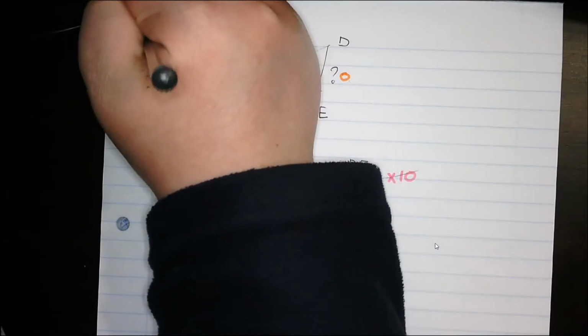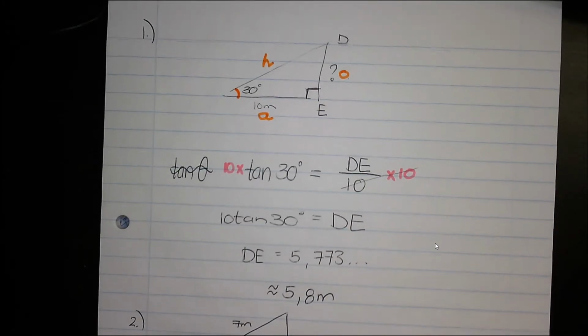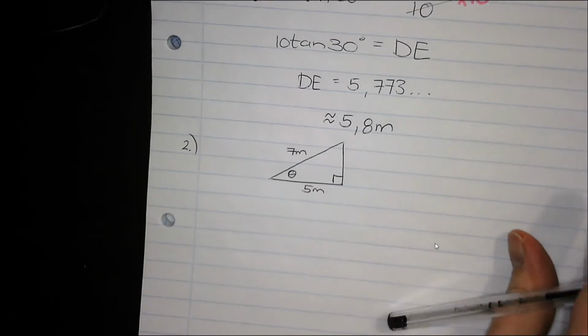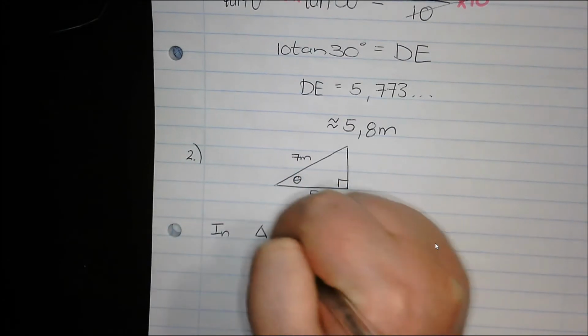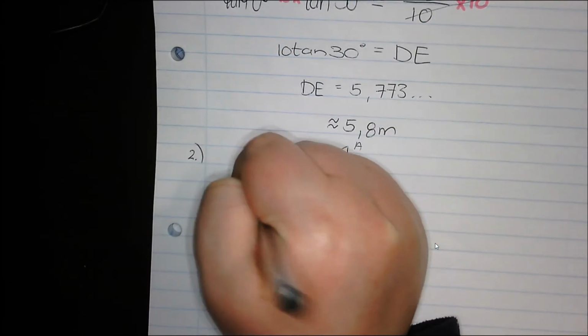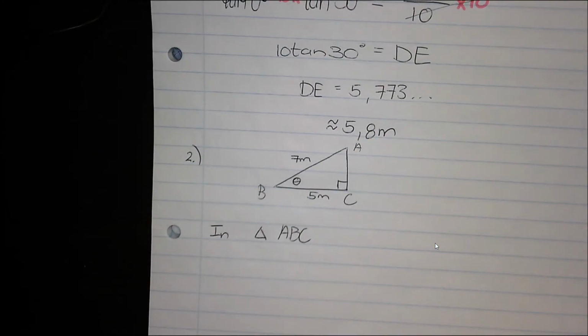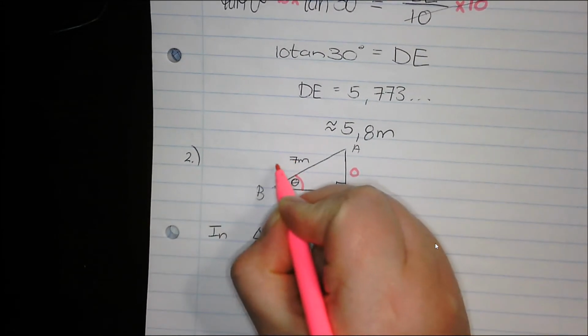So this was question 1. This is question 2, and I'm going to redraw that triangle over here. This was 7 meters. This is 5 meters, and this is theta. And I'm going to tell my teacher which one I'm working on in triangle ABC. This is A, B, and C. So in terms of this angle, that is opposite, that is adjacent, and that is hypotenuse.